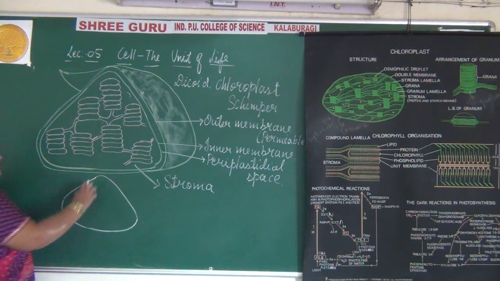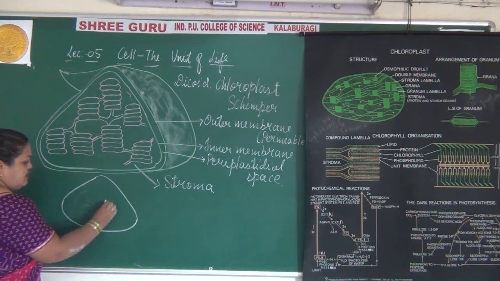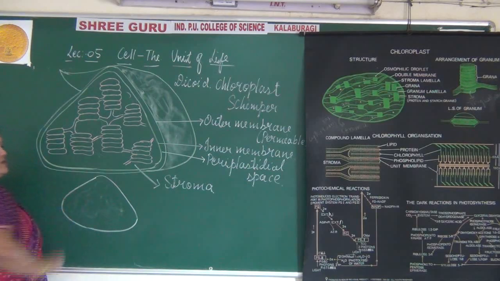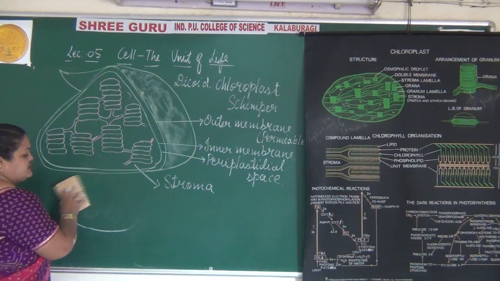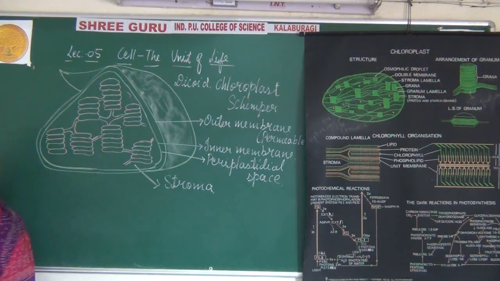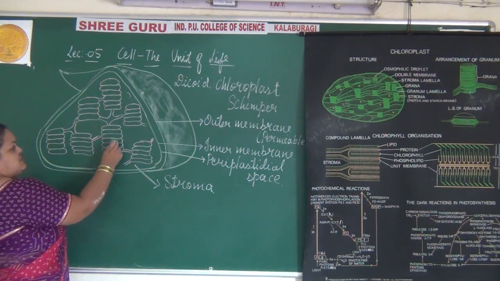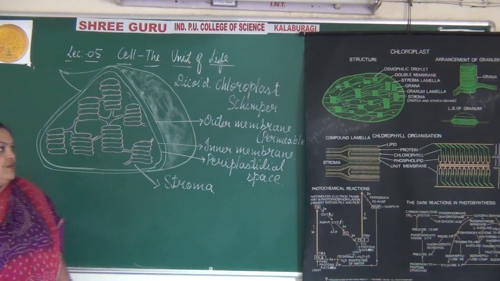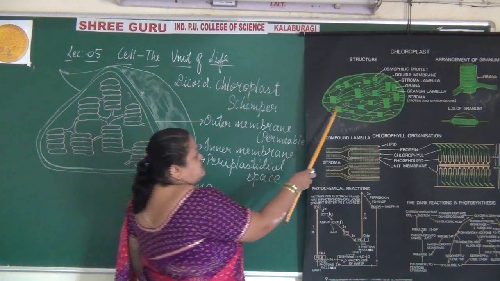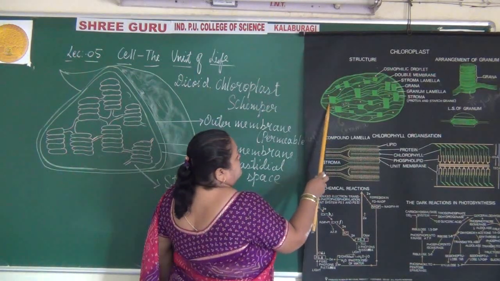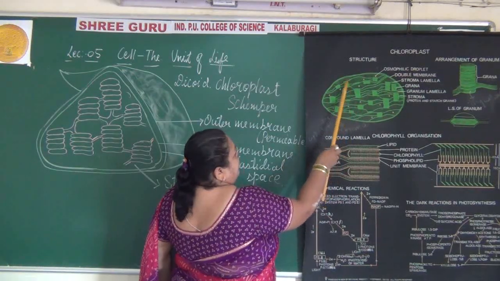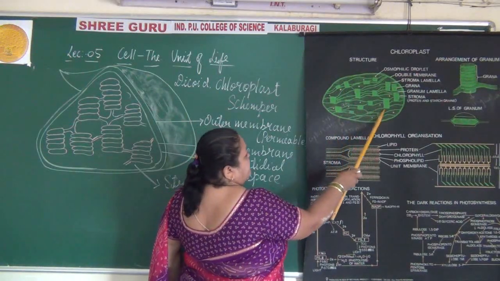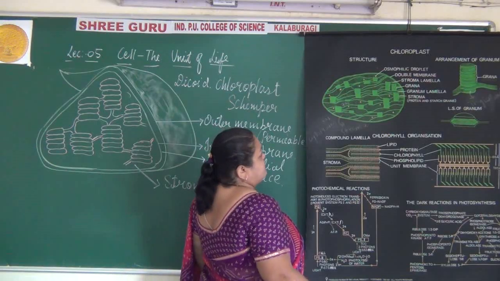So inside the chloroplast, there is a proteinaceous fluid-like substance, and that fluid substance is known as the stroma. Along with that, you can see that there are certain structures over here. The number can vary from one cell to another.